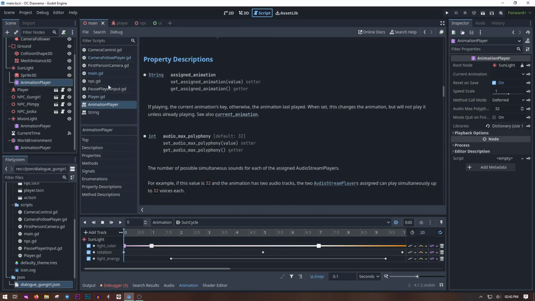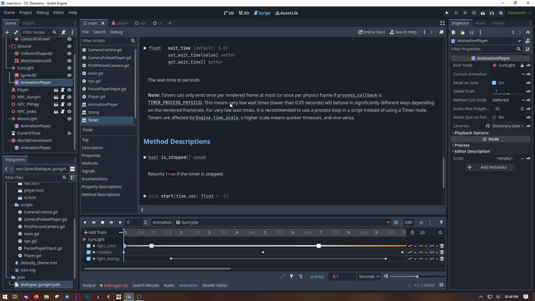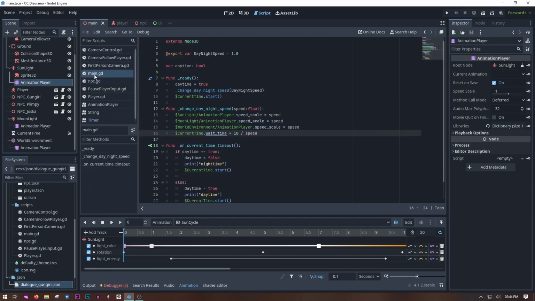How do I get back to where? Oh yeah. Yeah, so change day-night speed, speed, float. So I guess I'm making a variable, a float, a speed float in this function, and then I'm setting these speed scales to the speed and the wait time of the timer.